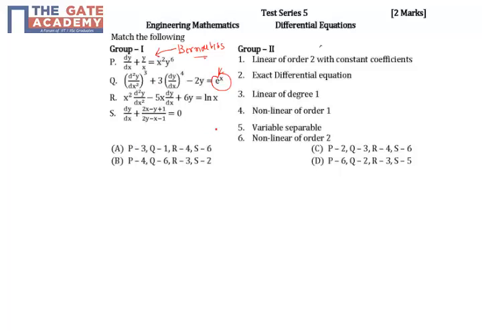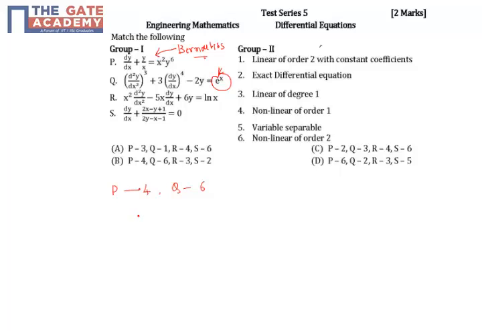As of now, what we have seen was P is a non-linear equation of order 1, that means P is for 4. And Q is also a non-linear equation, but it is of order 2 because it is d²y/dx². So Q is non-linear of order 2, means 6.